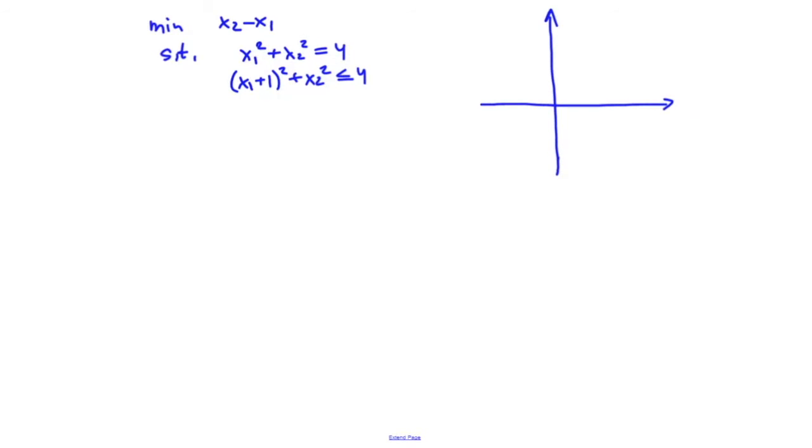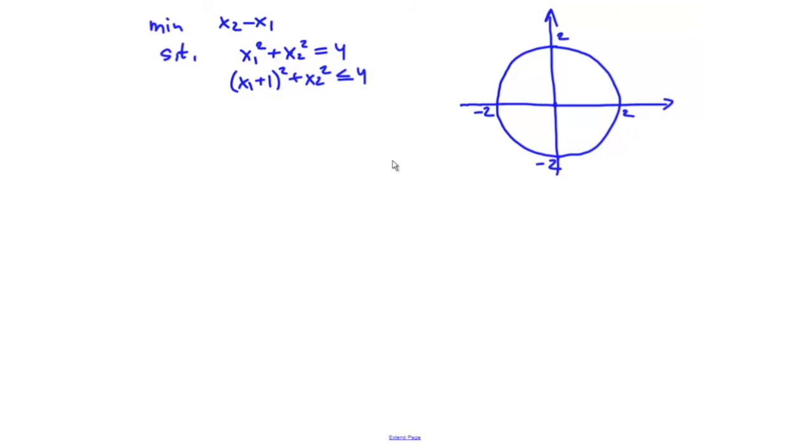The first constraint defines the circle of radius 2 centered at the origin, right? The set of points satisfying the first constraint, right? And now the second constraint defines a region that is given by the disk, the circle of radius 2 also, but we have the inequality constraint in this case, so the interior of the circle is also a part of the feasible region.